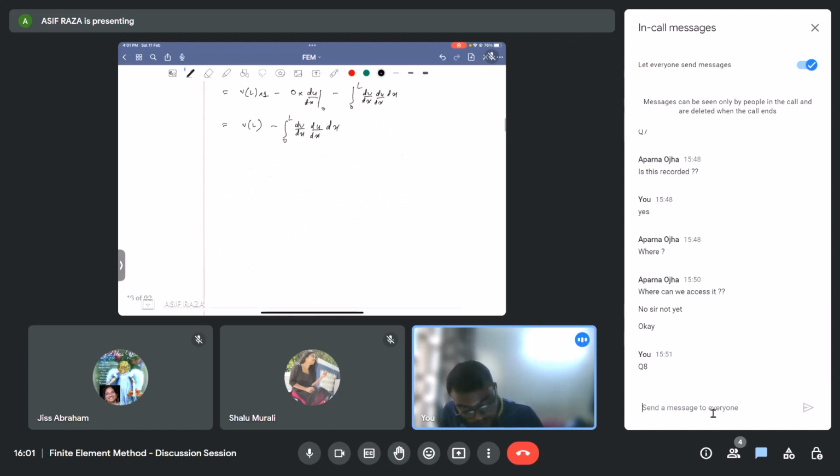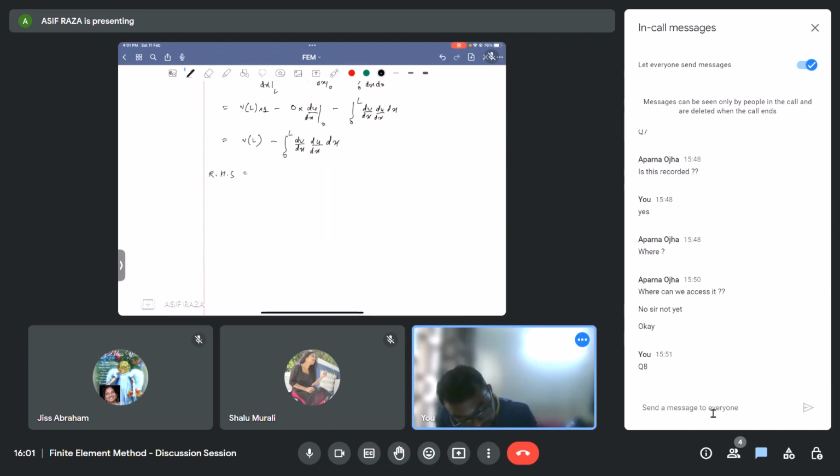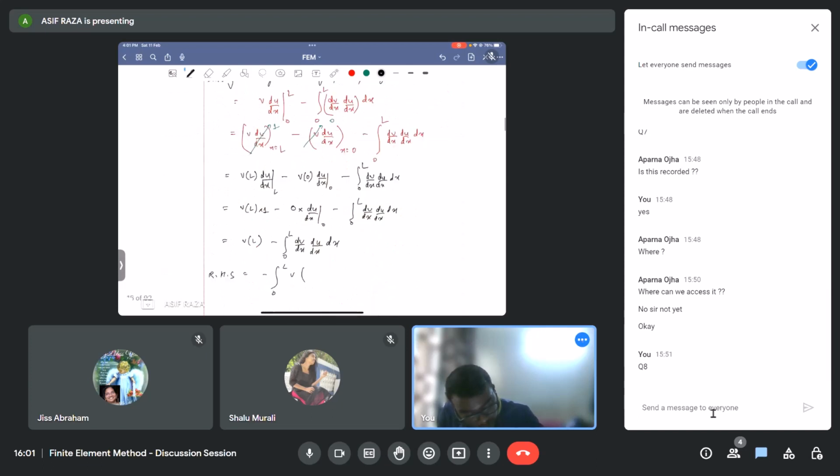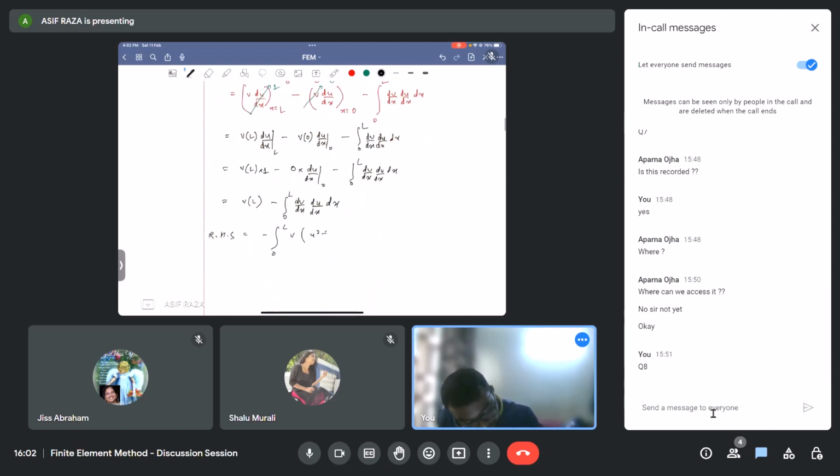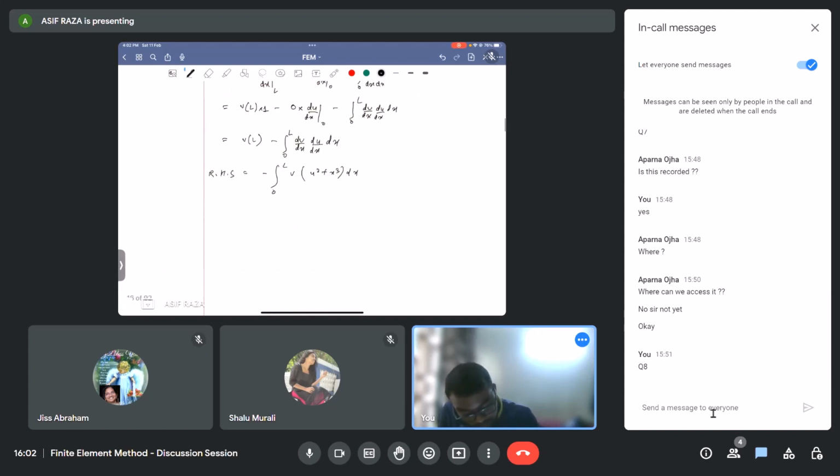So if I write it, RHS was what? Minus integral 0 to L of V(u square plus x cube) dx. So you write the complete statement again.